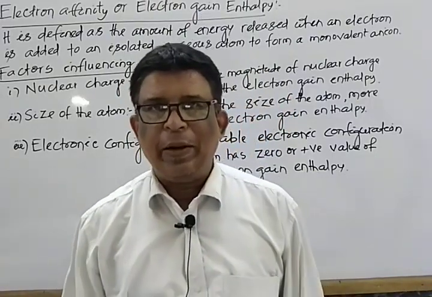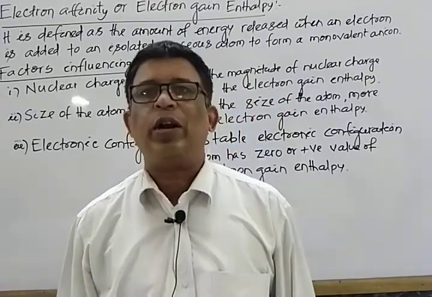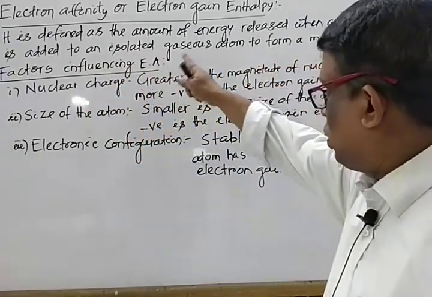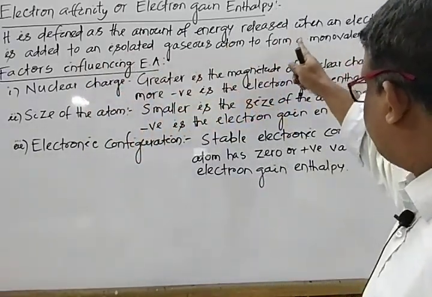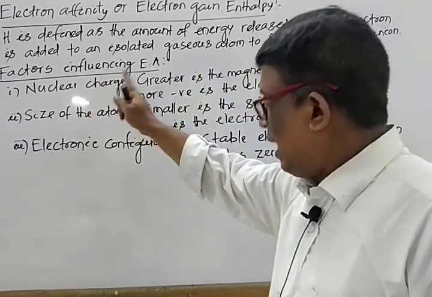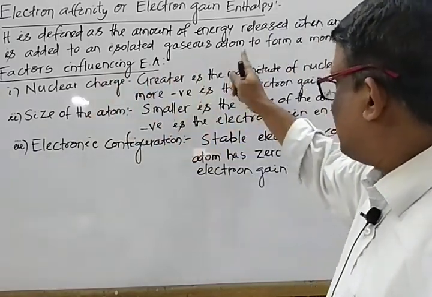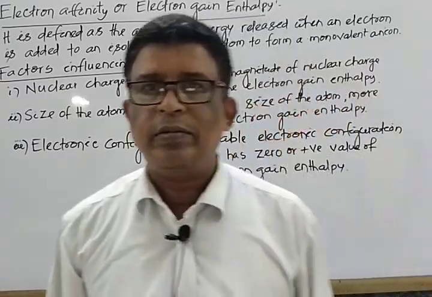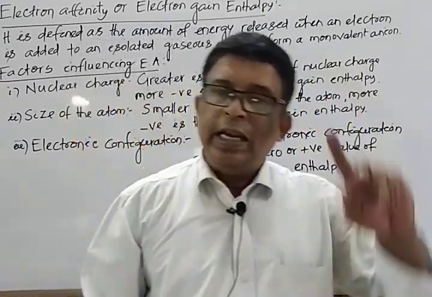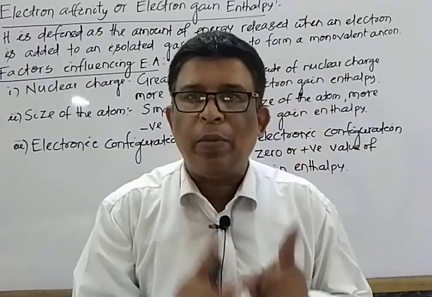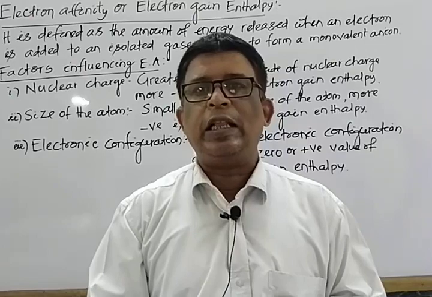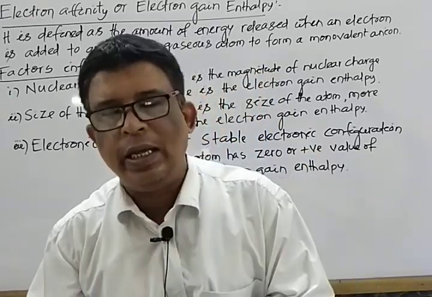Now note down the definition of electron affinity or electron gain enthalpy. Mark that. It is defined as the amount of energy released when an electron is added to an isolated gaseous atom to form a monovalent anion. That means in ionization energy, the amount of energy is required; in electron affinity or electron gain enthalpy, the amount of energy is released.